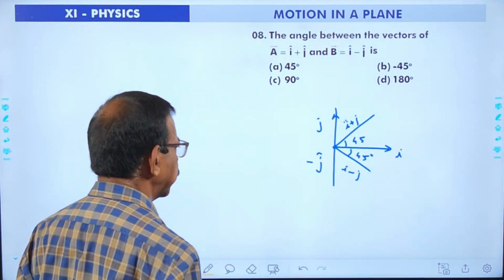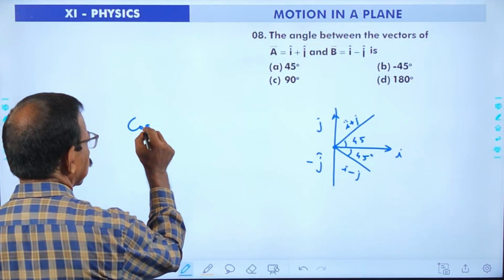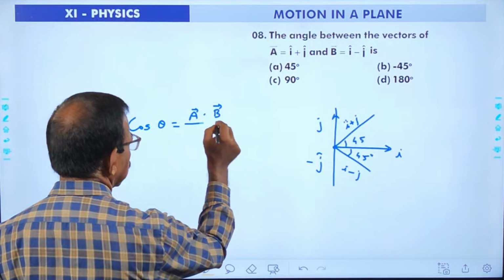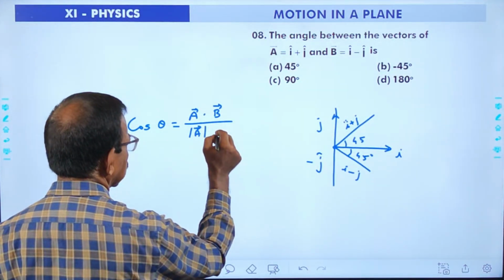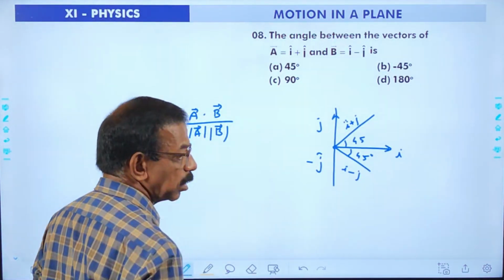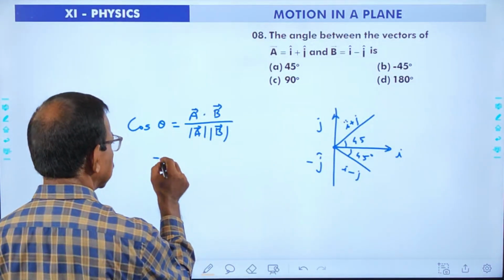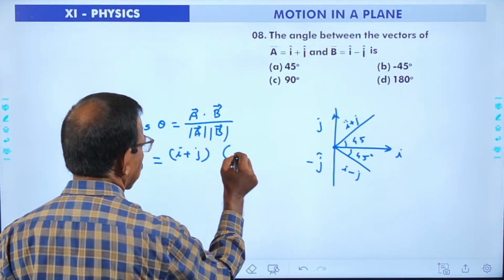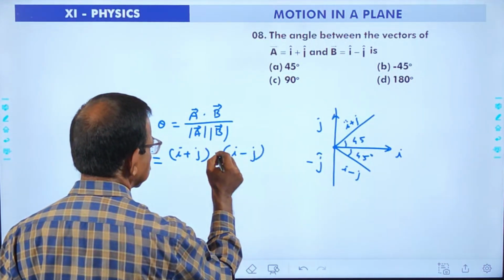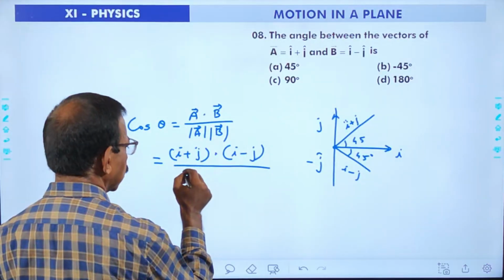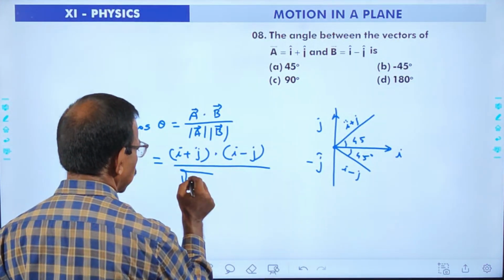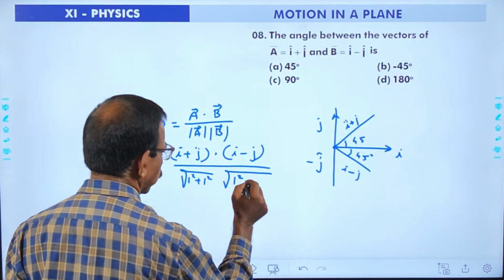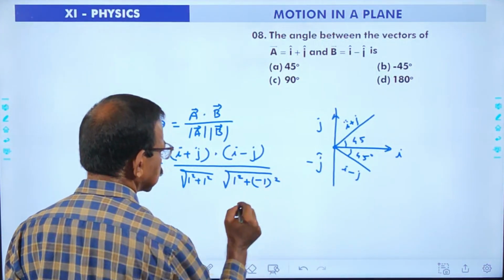But we may use a mathematical method also. We have cos theta equals A dot B divided by modulus of A into modulus of B. This is a mathematical method of finding the angle between two vectors. Here it is i plus j dot i minus j, divided by modulus of A, root of 1 square plus 1 square, and modulus of B, root of 1 square plus minus 1 square.